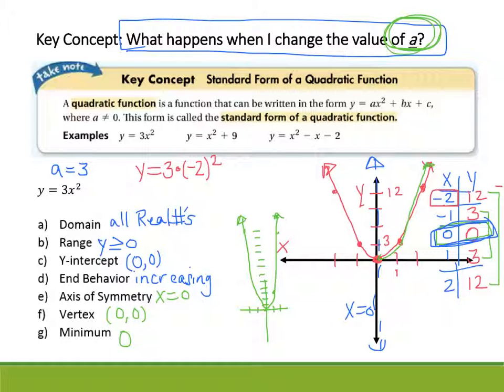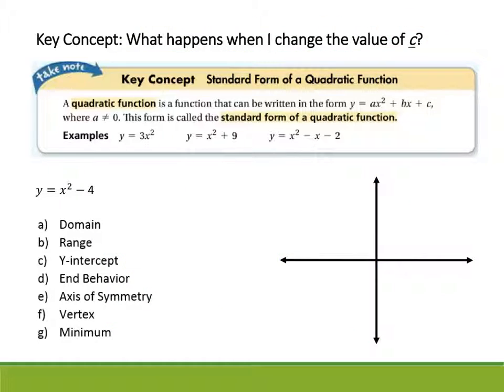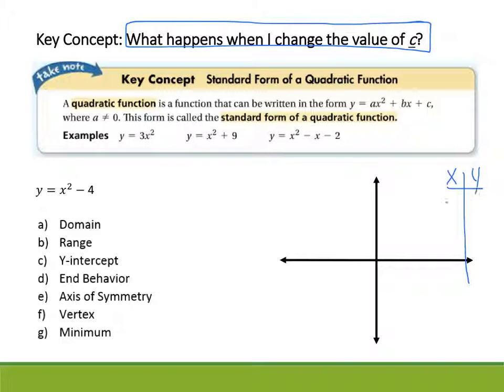Okay, let's look at another situation. Now we're going to graph y equals x squared minus 4. So the question that I'm asking is, what happens when I change the value of c? So again, let's plot some points to get a picture of what the graph is going to look like.